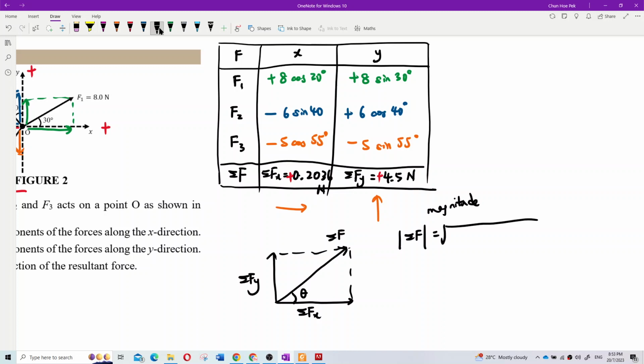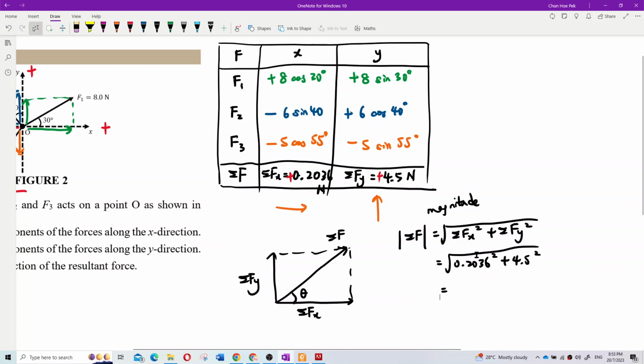So the magnitude is the square root of total Fx squared plus total Fy squared. So what do we get? Somebody help me, class. 0.2036 squared plus Fy is 4.5 squared. Class, help me, how much?